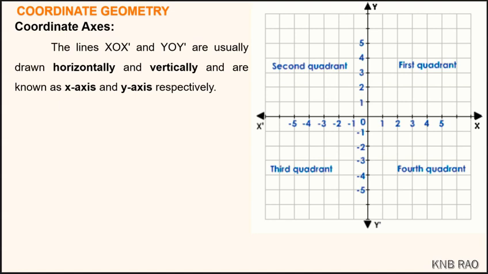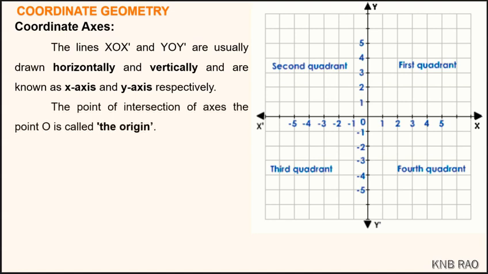Fifth point, the point of intersection of axes is called our origin, and that origin is referred with the letter O, and the coordinates of that origin are (0, 0). So, (0, 0) will be the coordinates of the origin O.